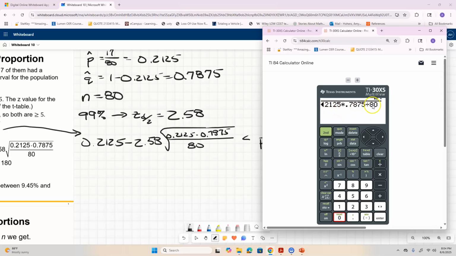My calculator will keep that all underneath the square root bar. Some calculators you have to make sure you put parentheses or something so that it knows to keep that under, but make sure all those numbers are underneath.